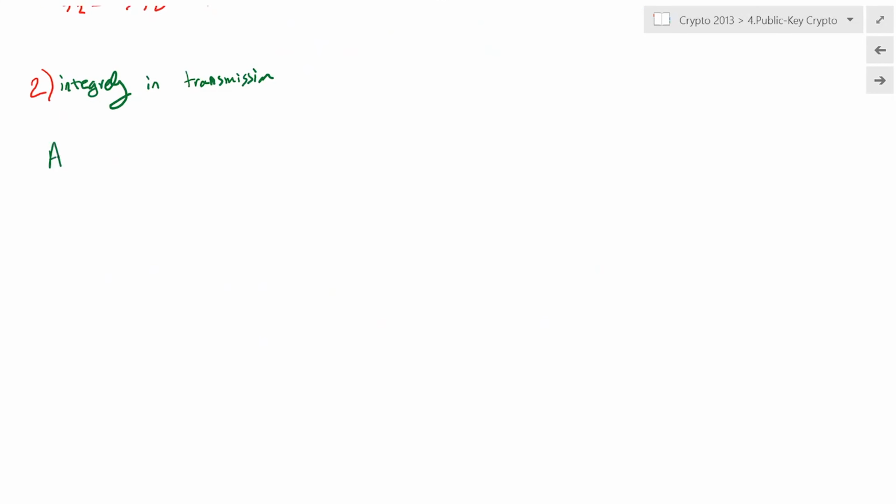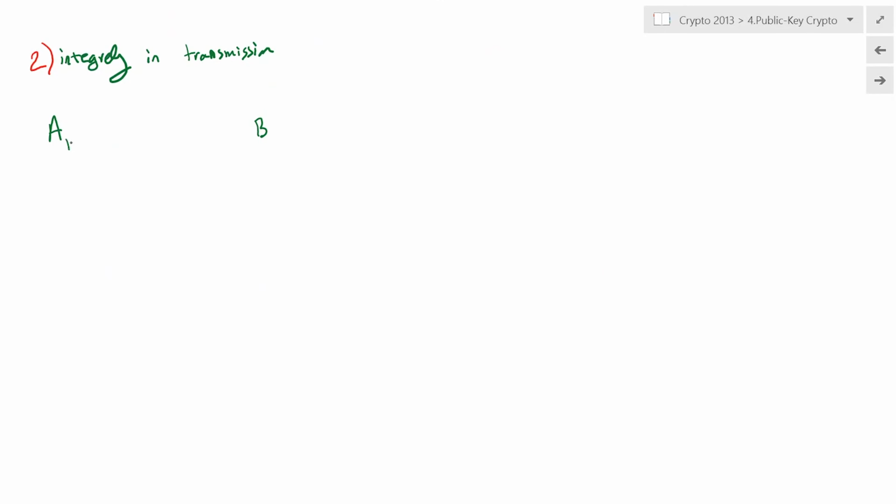Suppose you have two parties, A and B, that want to communicate with each other, and we suppose that they share a key K. So what they can do is send a message along with the hash of K concatenated with M, and sometimes they concatenate K again, and send it to the other party.